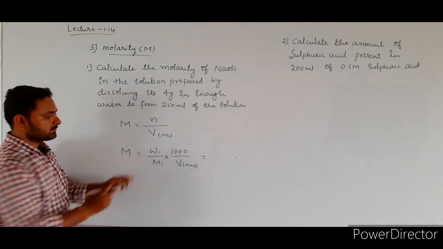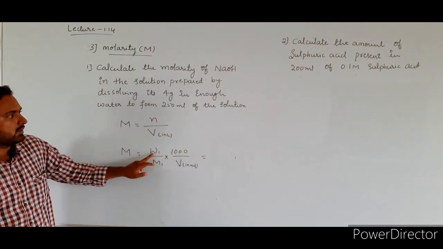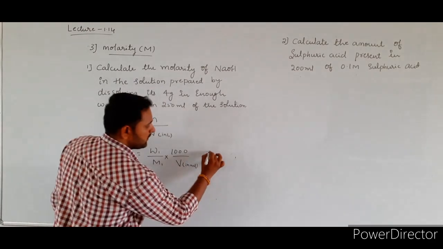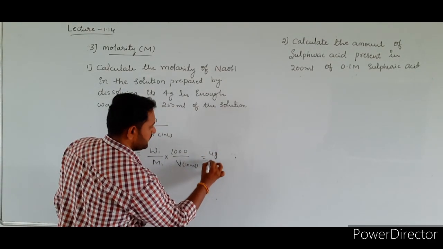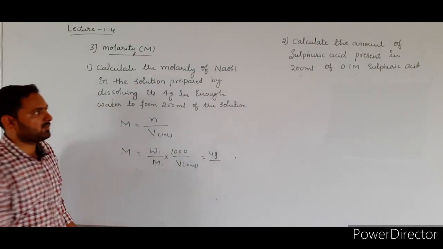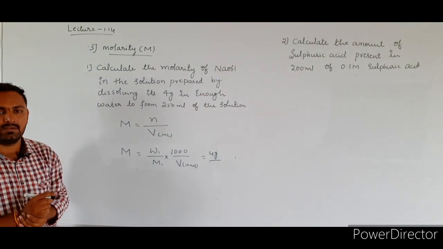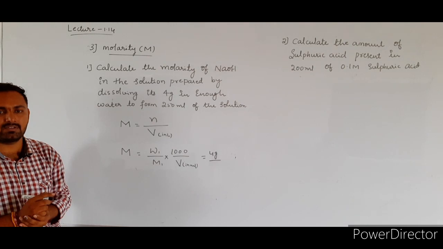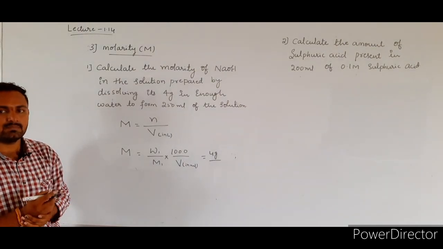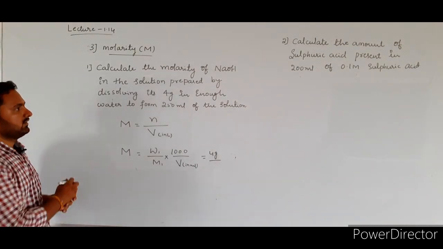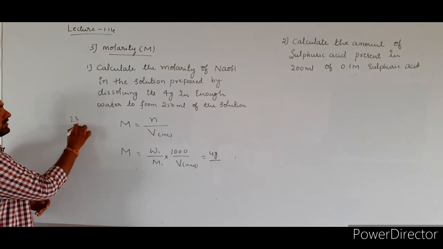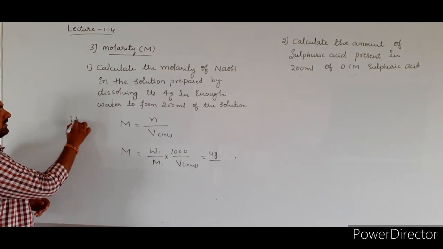Now you substitute the values. What is the mass of solute? 4 grams. Divide by the molar mass of solute. What is the molar mass of sodium hydroxide? You calculate 23 plus 16 plus 1.